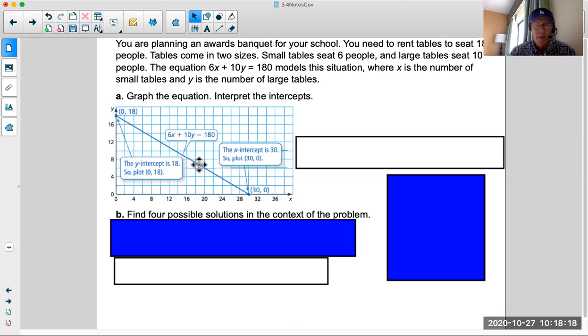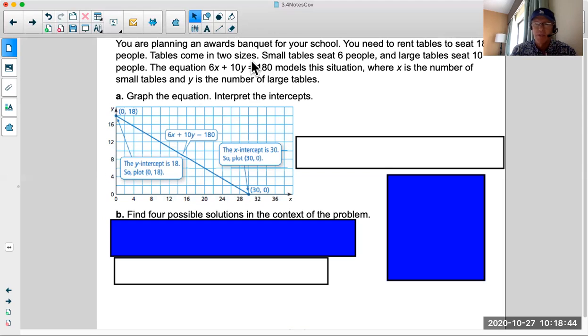No. So in order to find 4 possible solutions, we have to look on here and see where we have integers as our x and y coordinates. So let's see. Looks like maybe right there is. And what's that? That's 10, 12, right?